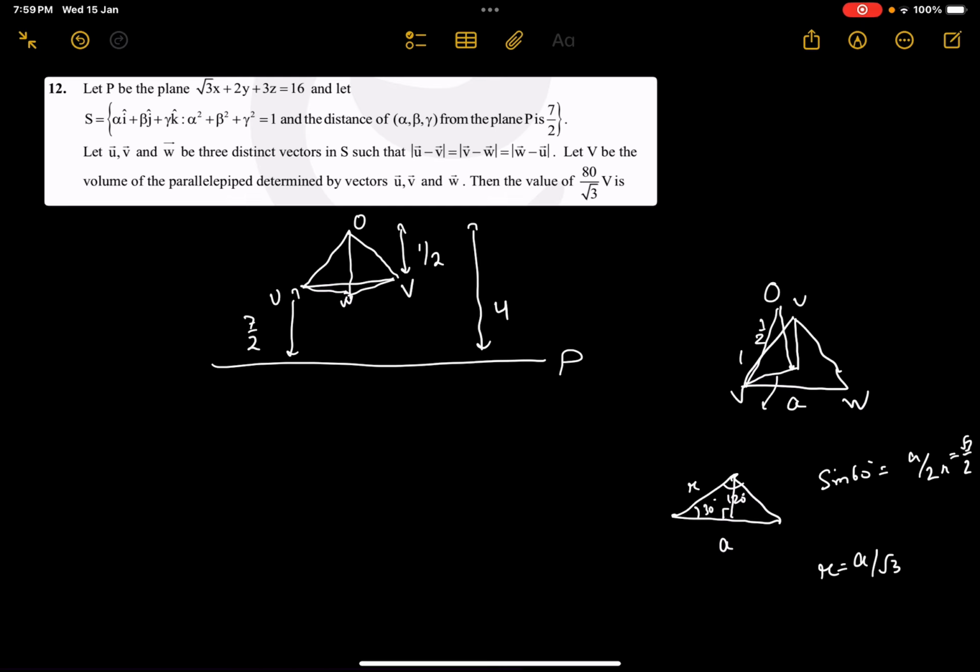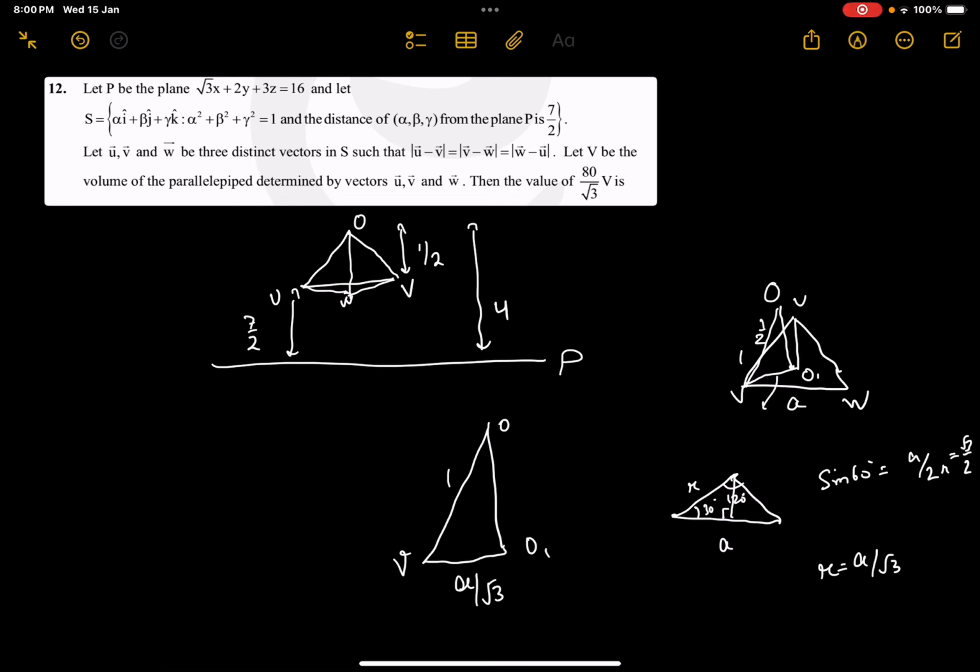So the projection of O on triangle UVW, let's say that is O1. So we have O, O1 and the point V. This is length 1. This is the length R, which is A by root 3.